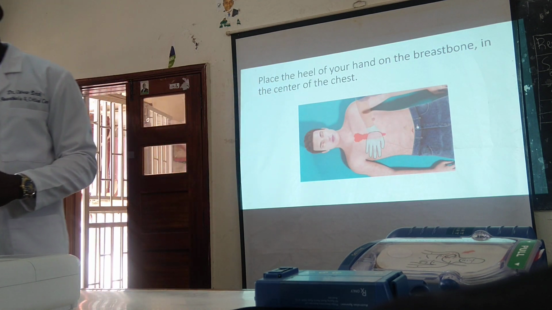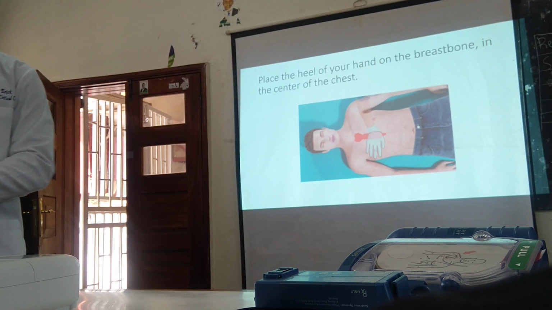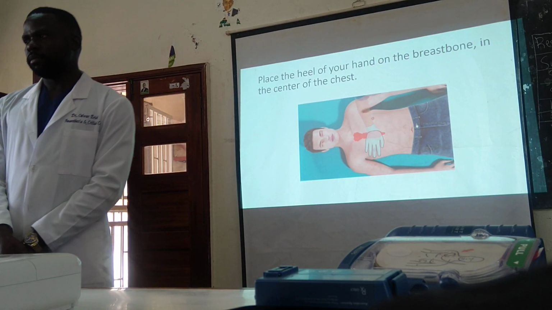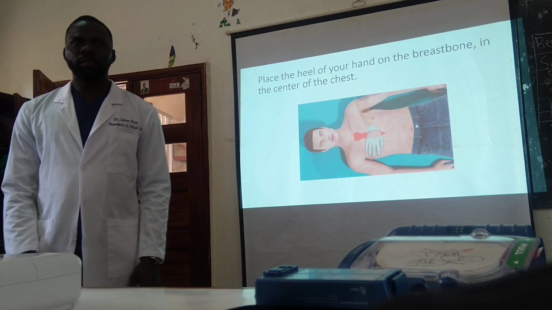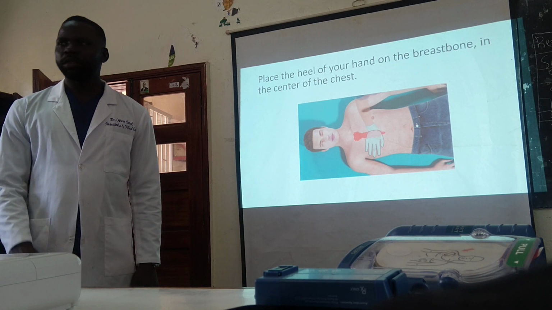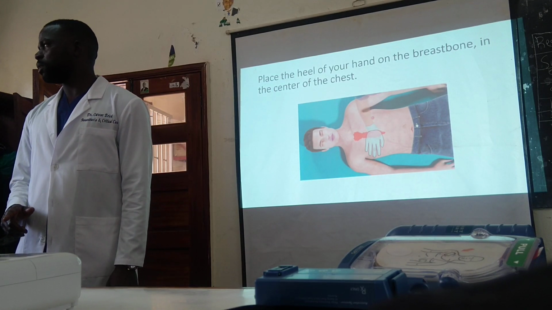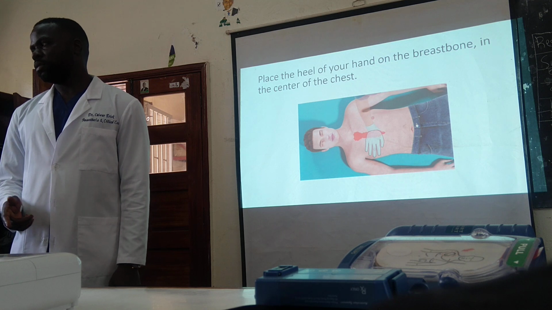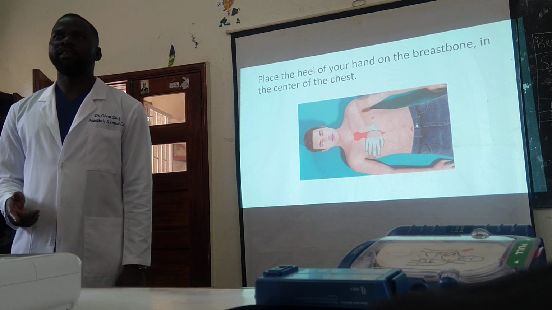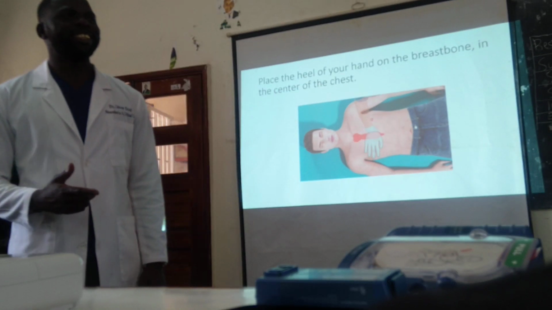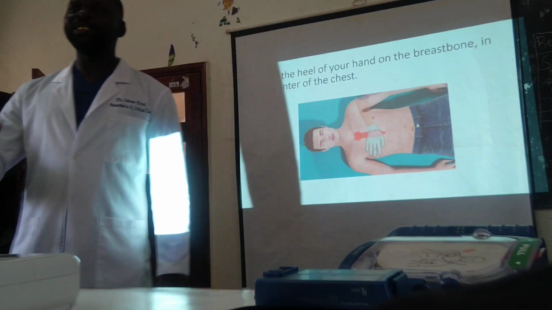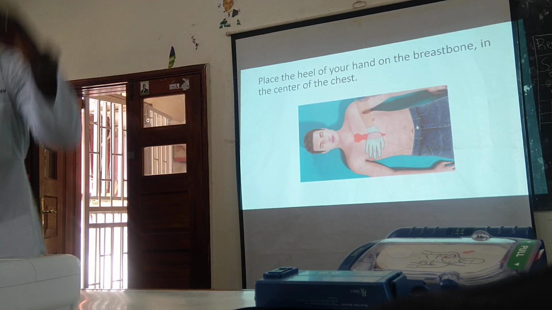We can use two hands, not just one hand like this. For those that I can use only one hand, they are not so. No, I need two hands on you. So two hands. Okay.